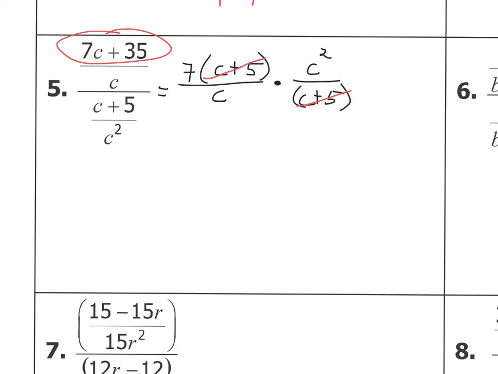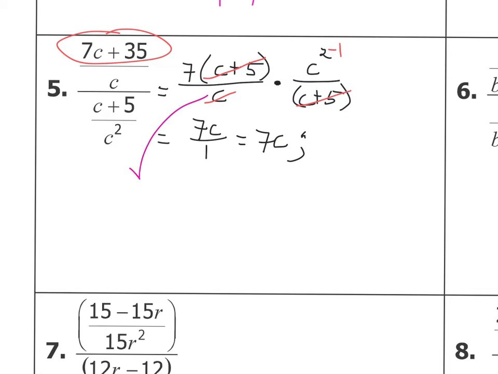That way I can diagonally cancel a c plus 5 with a c plus 5. I can always cancel monomials with monomials, so this c is going to subtract up here because that's where there are more. And so we end up with a 7 here and a c in the numerator, so 7c, over, there is nothing left in the denominator, so that means that we have over 1. We don't write anything over 1, so it's going to be 7c with some restrictions.